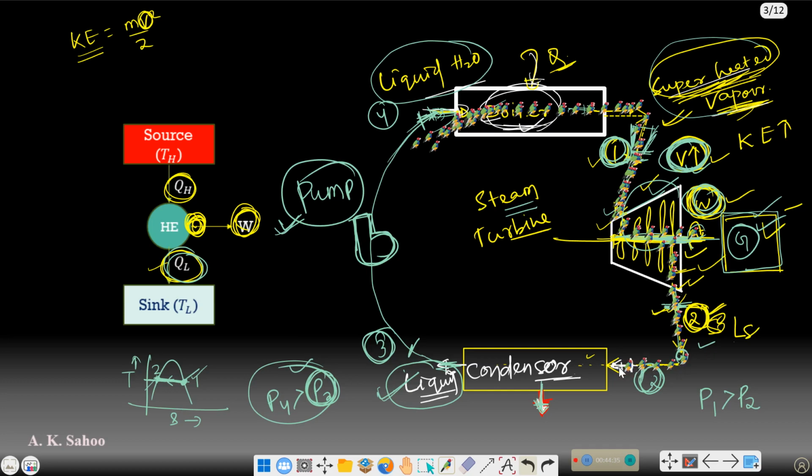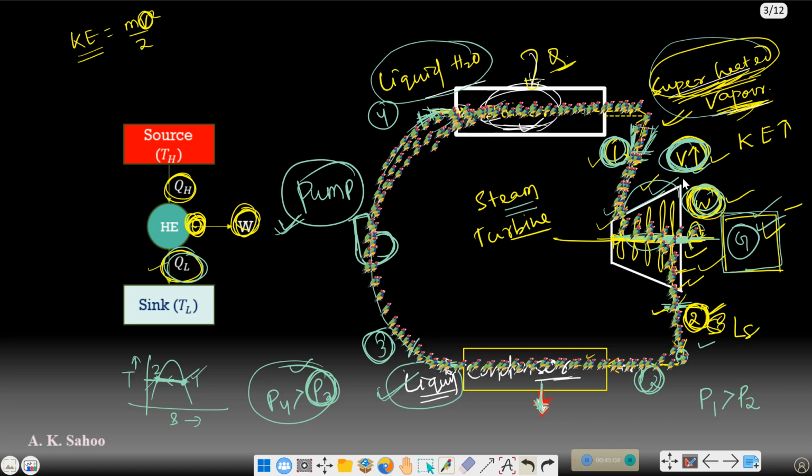Now it has gone to the condenser, where it has been condensed to liquid water. After that it is sent to the boiler with the help of the pump. So this is the cyclic process by which we are getting work from the steam turbine. I hope it is clear.